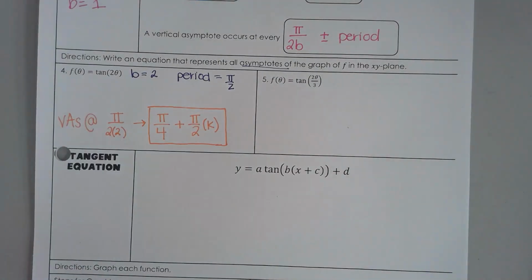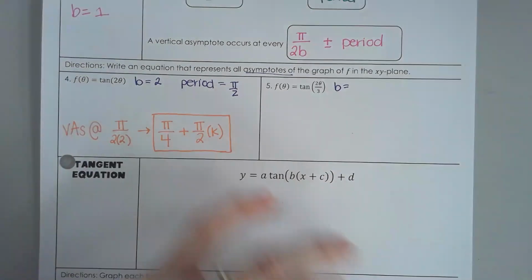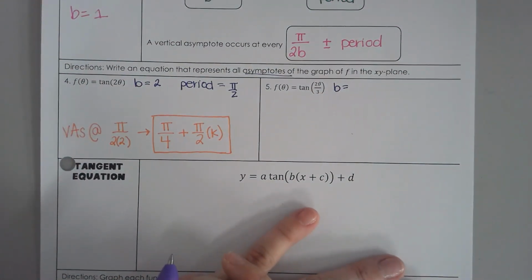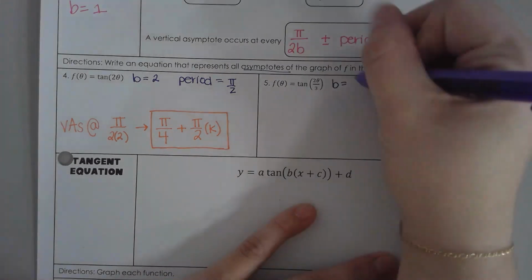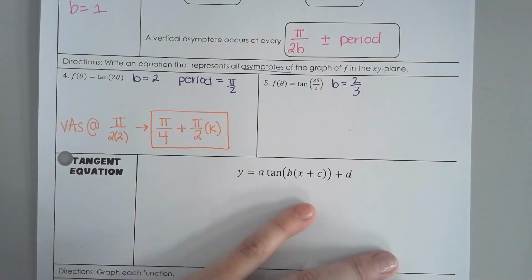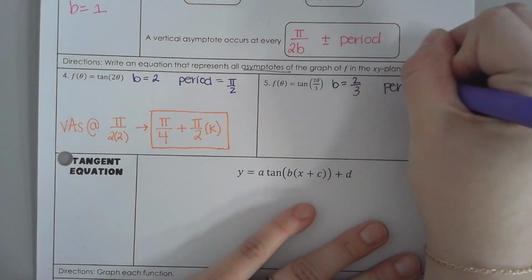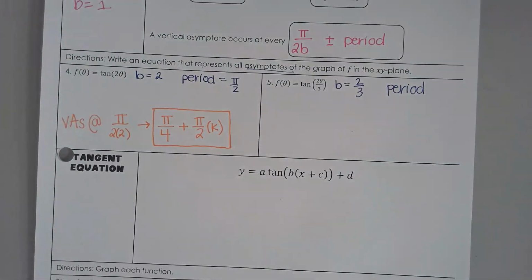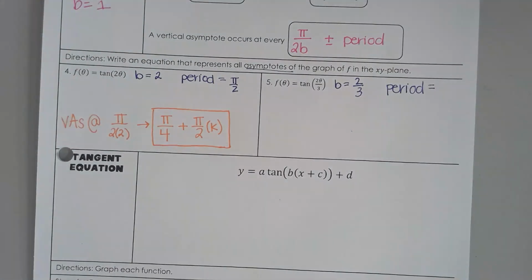So number 5. What is B? It is not 2. It's 2/3. It's 2/3. Yep. And so then the period is pi over 2/3.